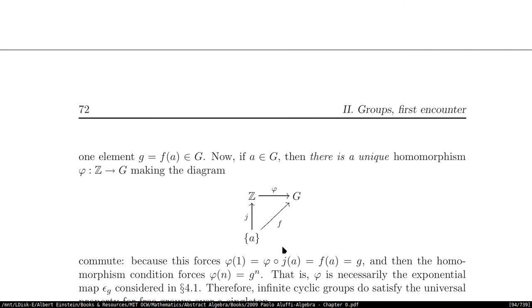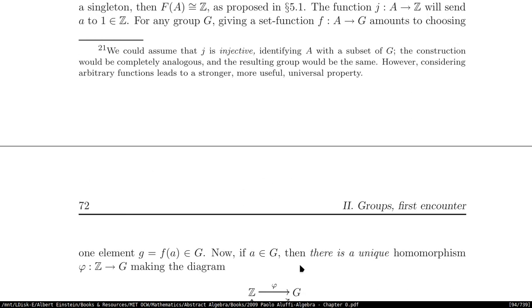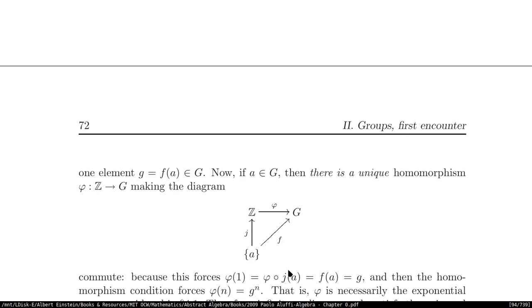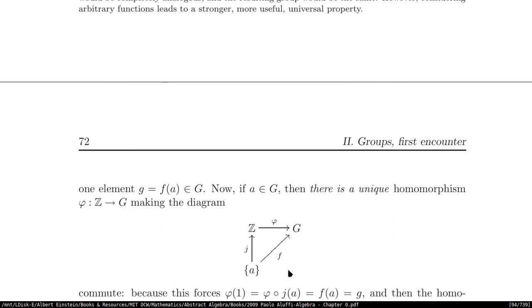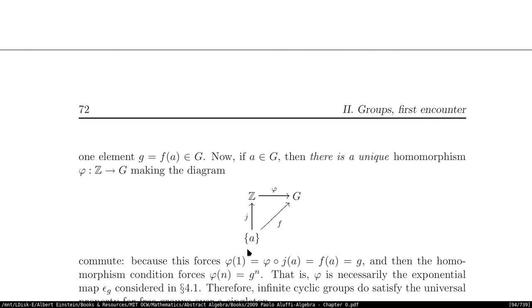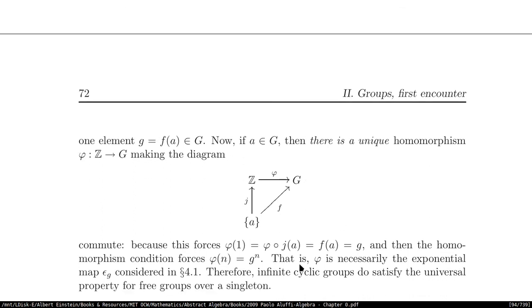Okay, so phi of 1 is equal to phi of j of A, because j of A is the identity, 1, and that is equal to f of A. Because that's how we defined phi circ j, isn't it? Yep, because this is f, so phi circ j: first j and then phi will give you f of A, right?